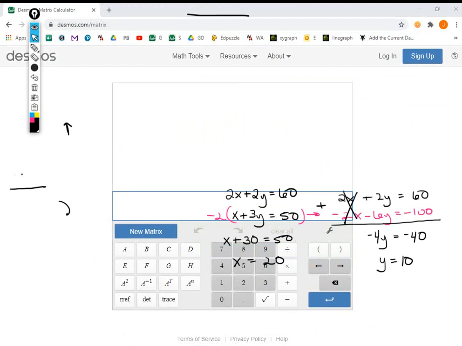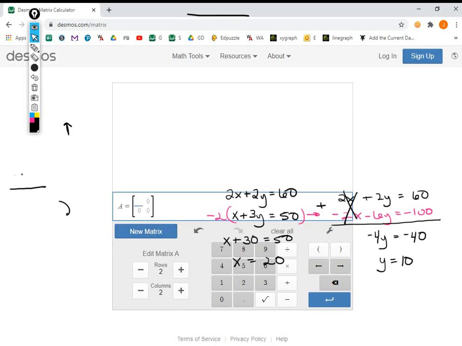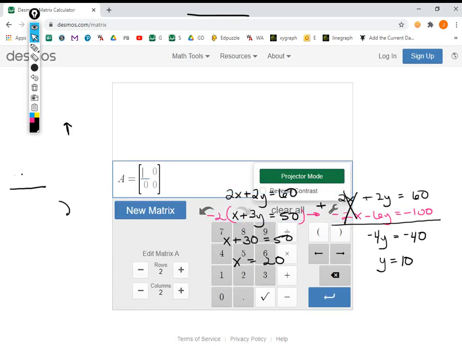So here is the matrix. If I hit new matrix, you see that it gives me this arrangement of zeros right now. What I'm going to do is ask it to add one more column. So I want 3 things across in 2 rows. 2 rows, 3 columns. Is everybody okay with that?